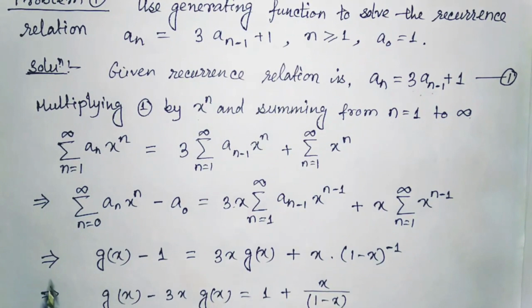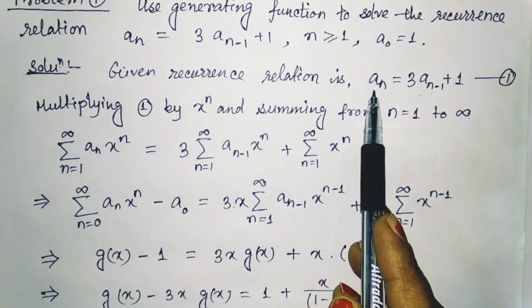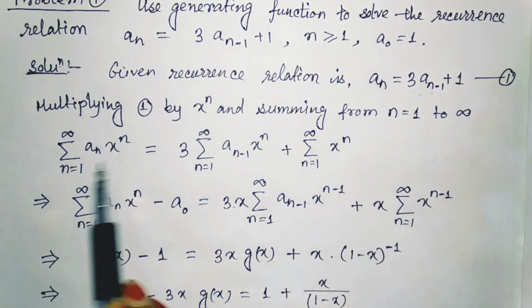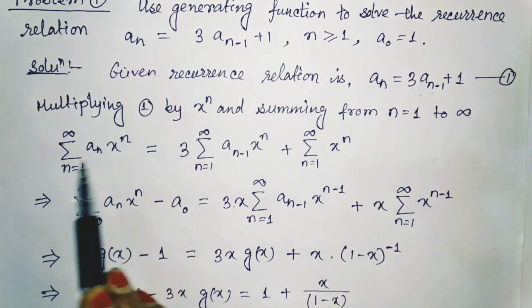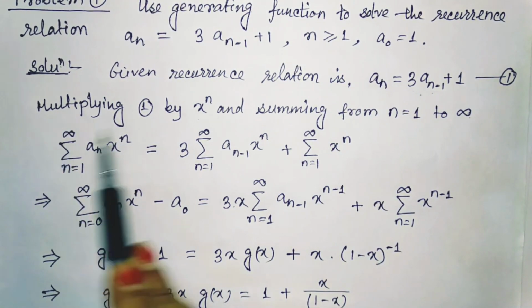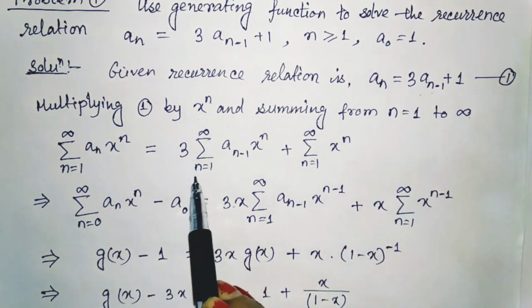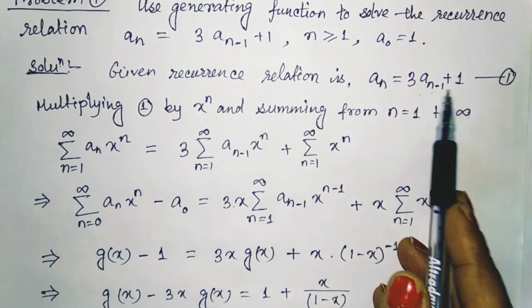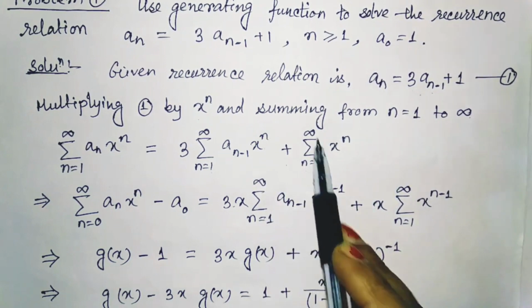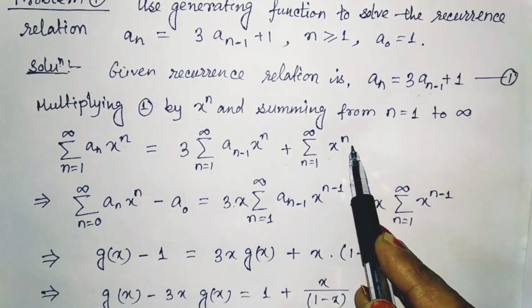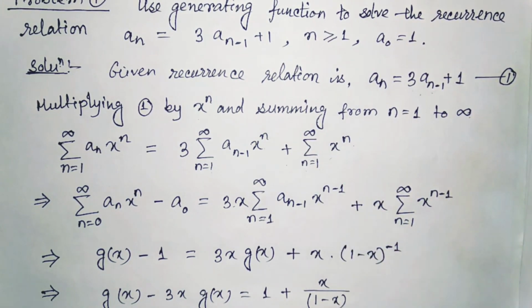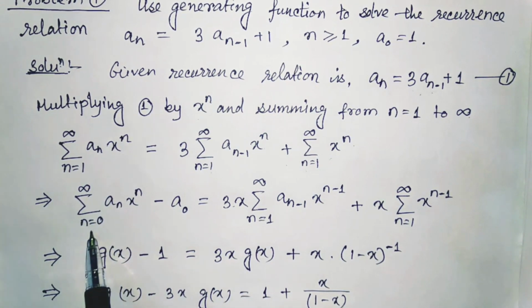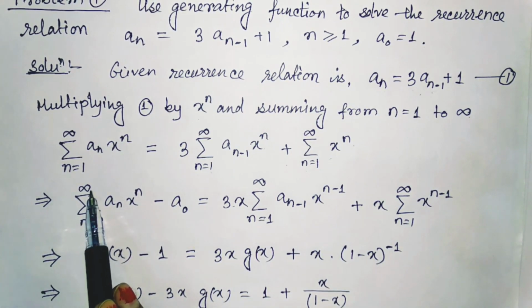If we do so, we get summation of an x to the power n from n equals 1 to infinity, equal to 3 into summation of an minus 1 into x to the power n from n equals 1 to infinity, plus summation of x to the power n from n equals 1 to infinity.